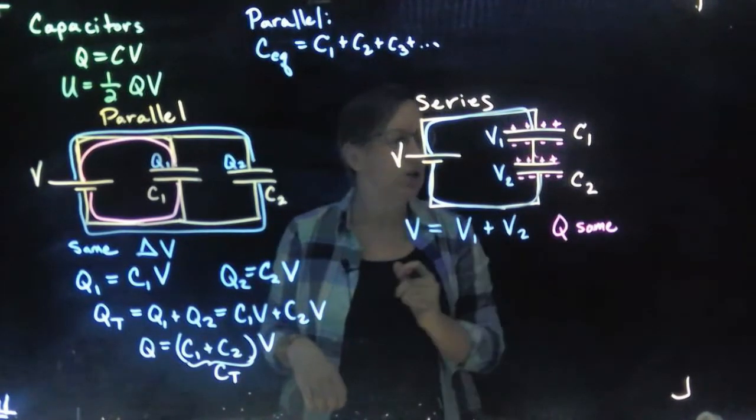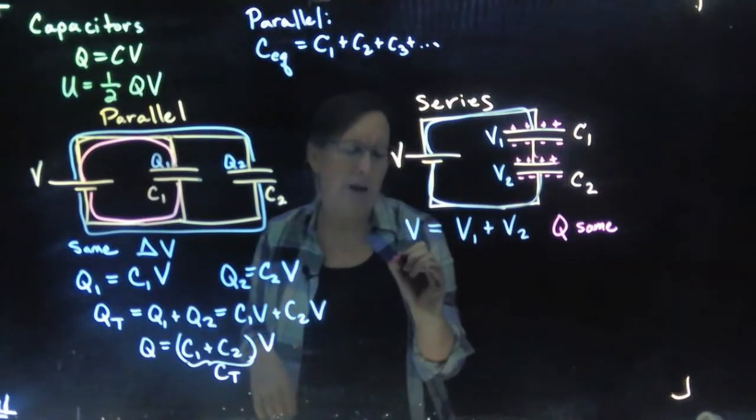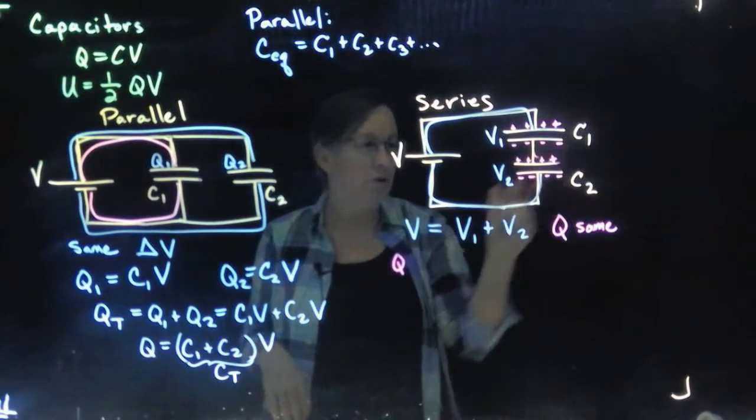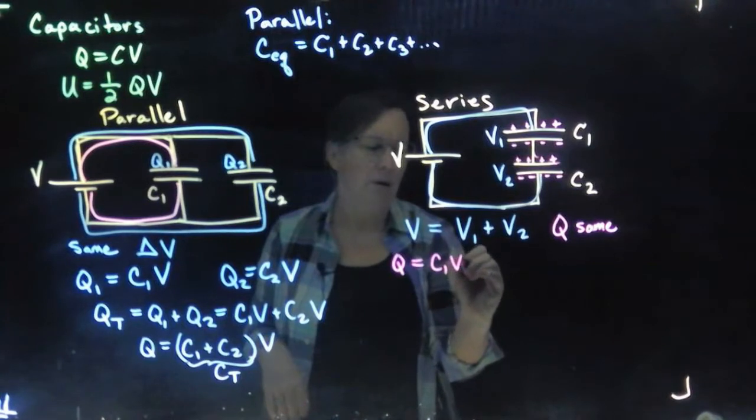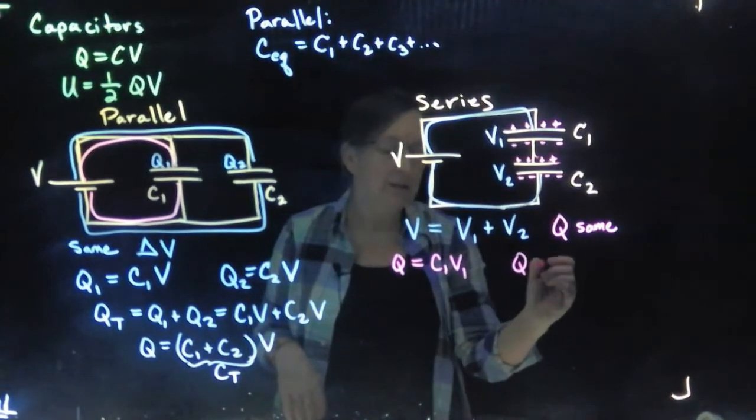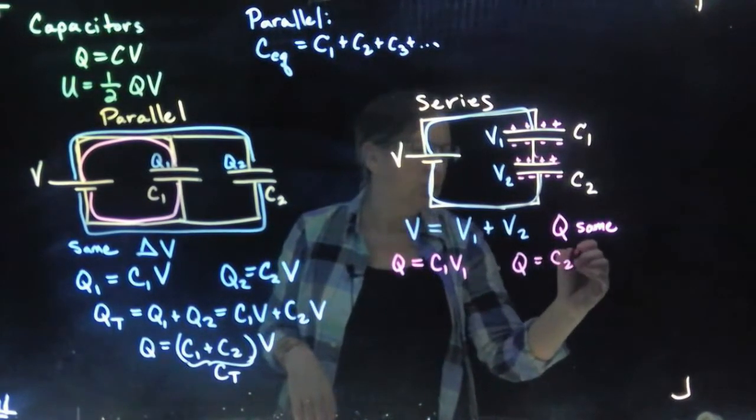So if we say Q is the same, then Q for the first one is going to be C1 V1, and Q for the second one is C2 V2.